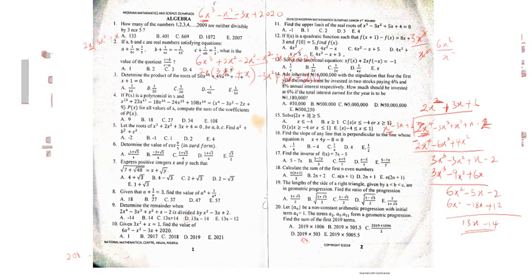Okay, so 3x squared plus x is 1. So if I put 1 here, it means I'm going to have 2x minus 3x squared plus 3x plus 2020.